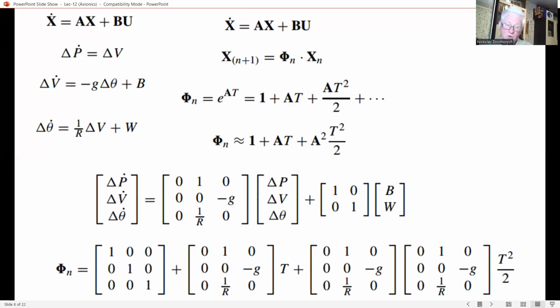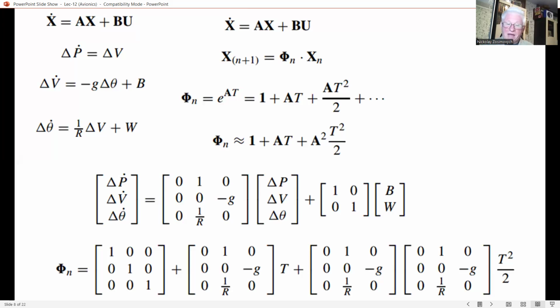Okay? So in deriving the Kalman filter, U is assumed to be a vector of unbiased white or Gaussian noise sequence.